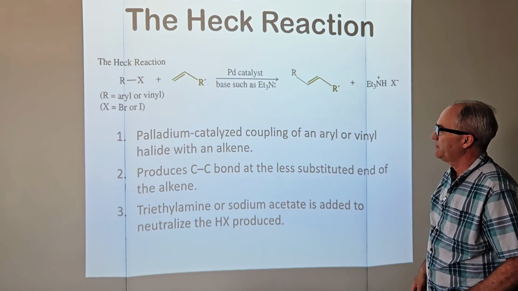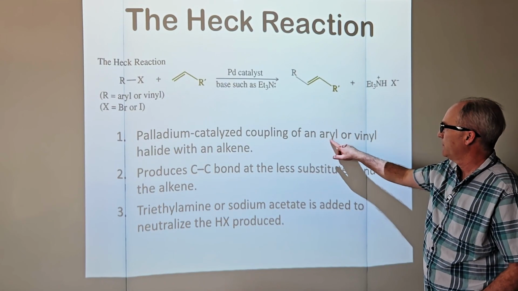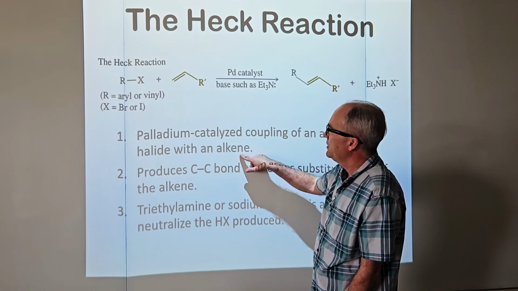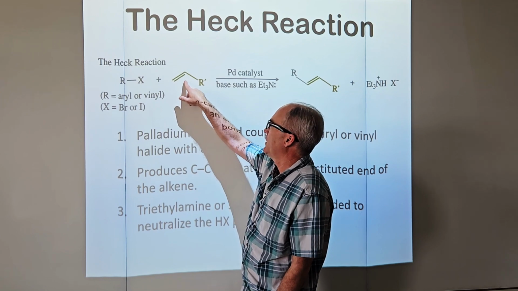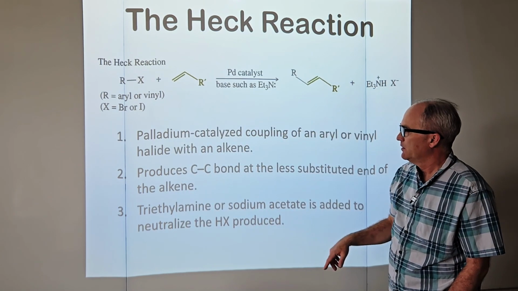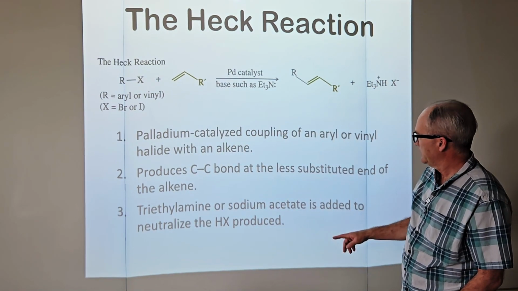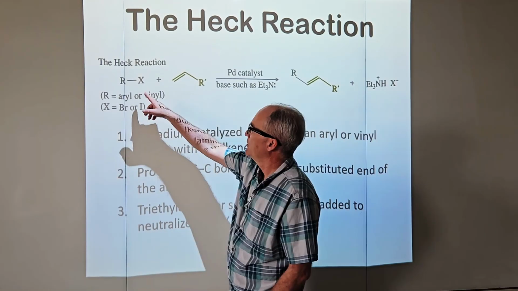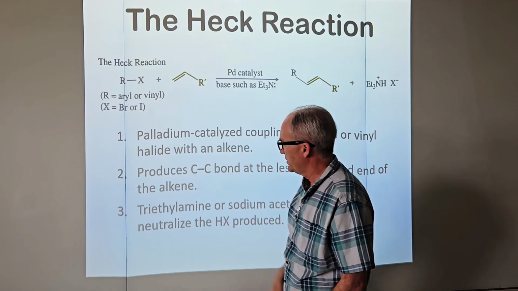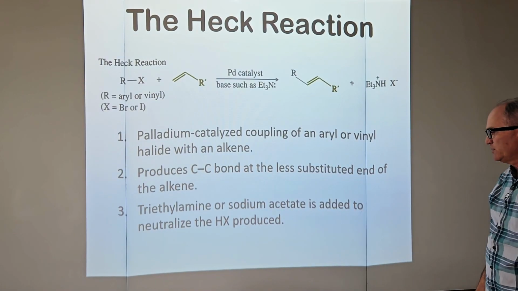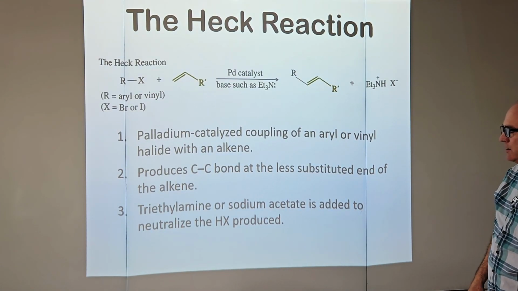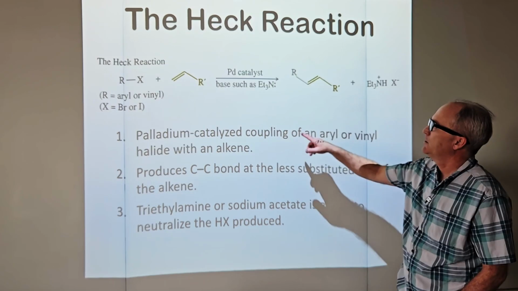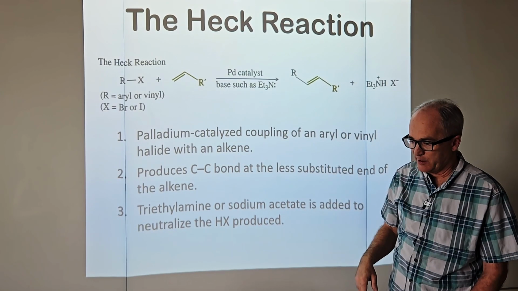So these are palladium catalyzed coupling of an aryl or vinyl halide with an alkene. So here's our alkene, and we get a carbon-carbon bond at the less substituted end of the alkene. So we're going to put this thing right there. Triethylamine or sodium acetate is added to neutralize the HBr produced. So you see here this base is now protonated.